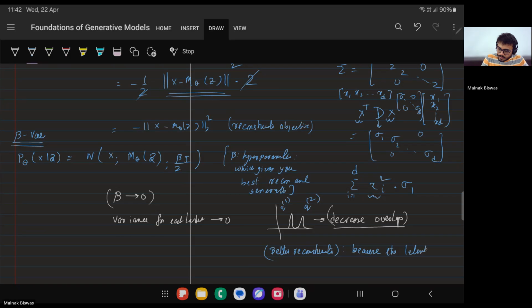Latents, or because the reconstruction term is forcing you to get better reconstruction.